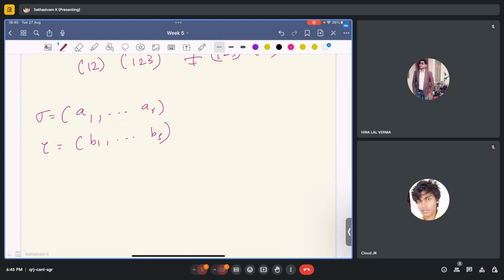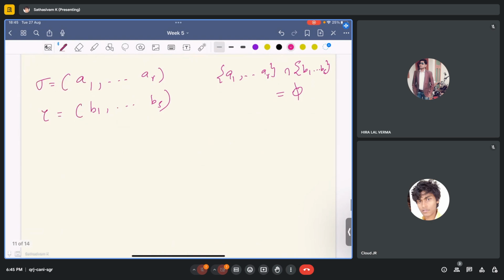So when I say disjoint, that means the set A1 to AR intersection B1 to BS is empty, right? So this is the disjoint cycles we have. So what I have to show is sigma tau is equal to tau sigma. Okay, so let's prove it.